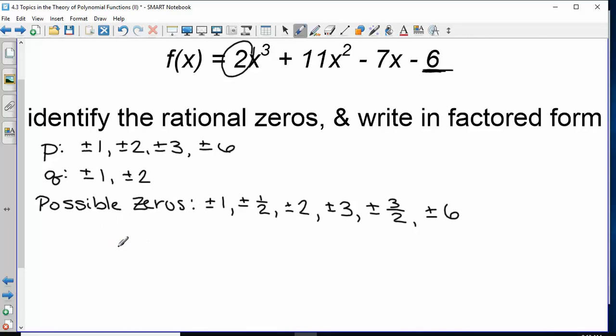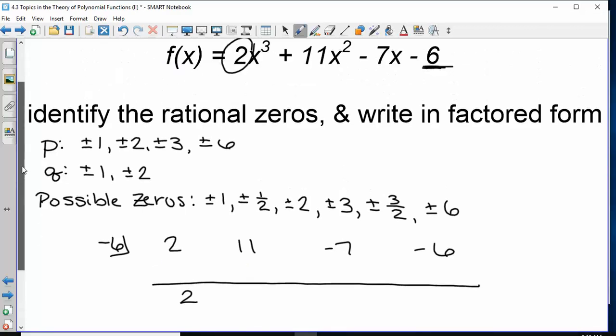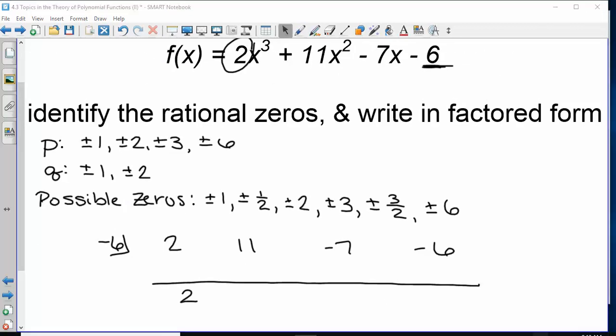So once you find one that works, it's on our list, we are going to do synthetic division with that number. So 2 comes down. 2.